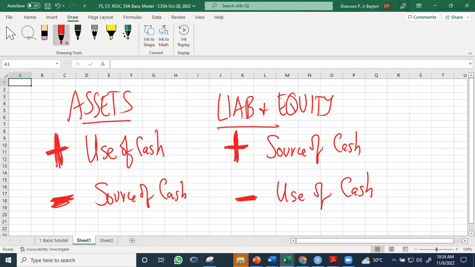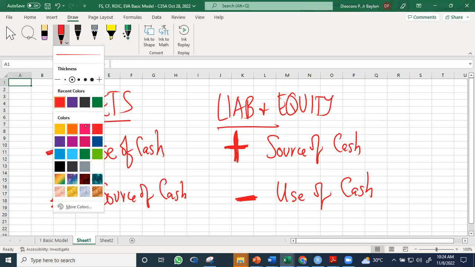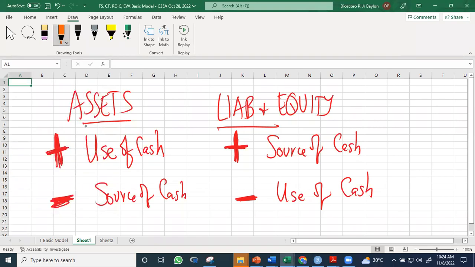In fact, we only need this rule. We only need to know this. So if you know this, you can already construct the others. Because if assets increase and it's a use of cash, therefore a decrease would mean a source of cash.